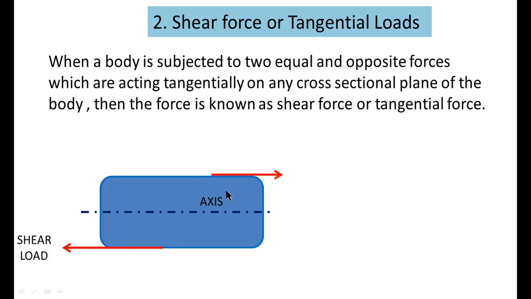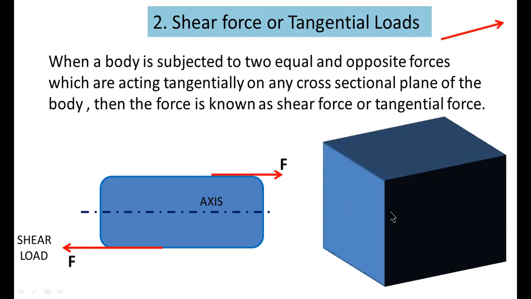These two forces are not acting on the body. This is very important for shear force or tangential loads. Here you can observe the top surface of the rectangular bar. This force just touches the top surface, it is not acting on the surface.